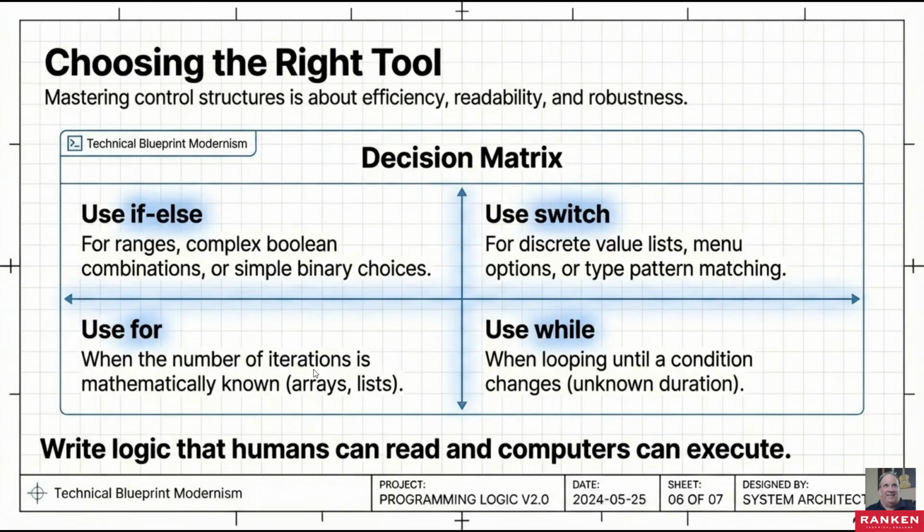Okay, choosing the right tool. Mastering control structures is about efficiency, readability, and robustness. So use if else for ranges, like if it's between this value and that value. Also for complex booleans, where you've got this and this or this.